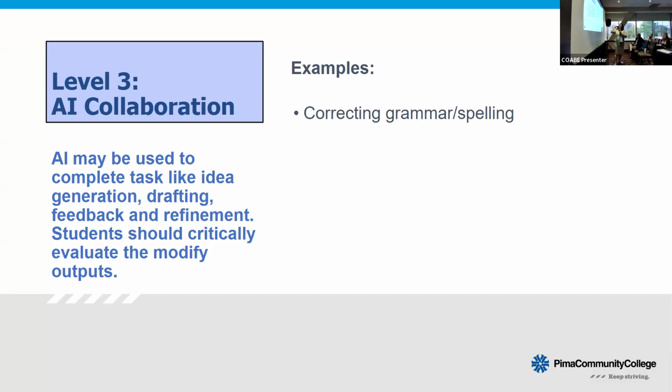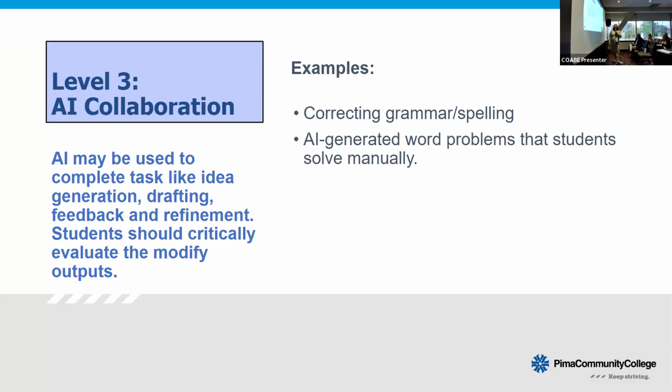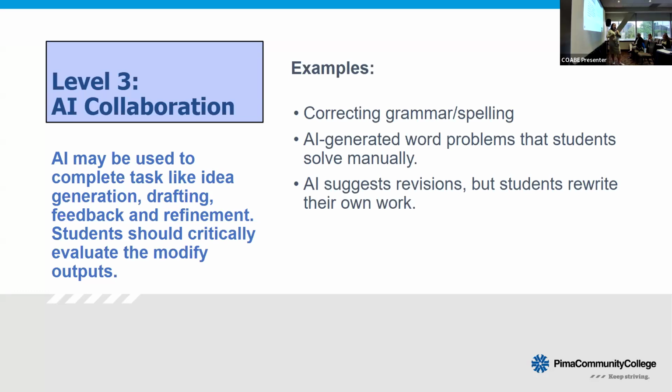Okay. Correcting grammar and spelling, AI-generated word problems that students can solve manually. Here, students can input maybe the written work, ask AI for some revisions or corrections, but then they have to rewrite on their own.